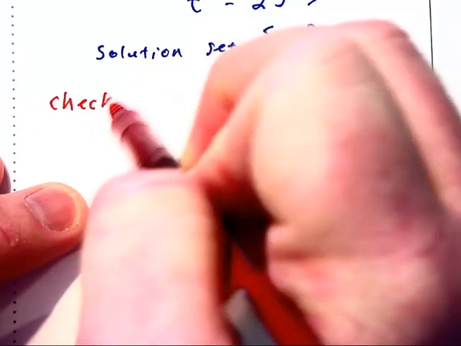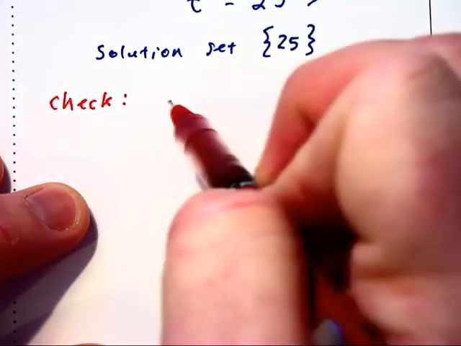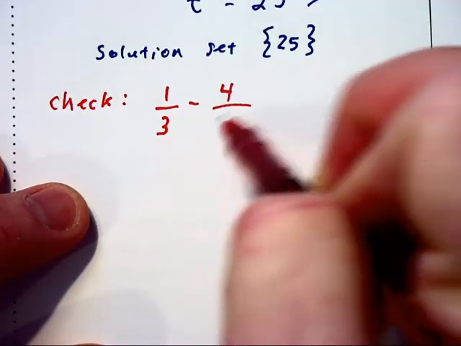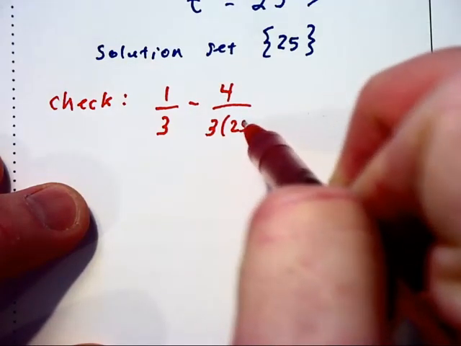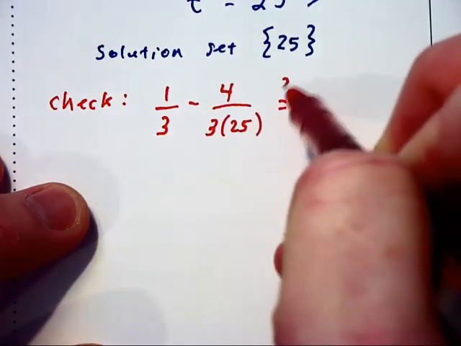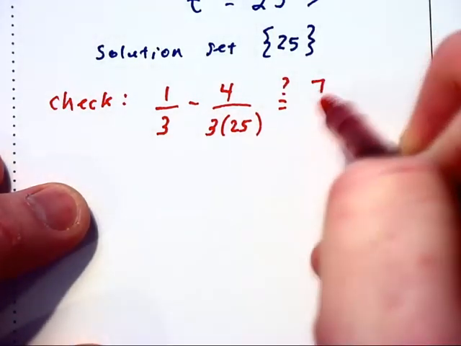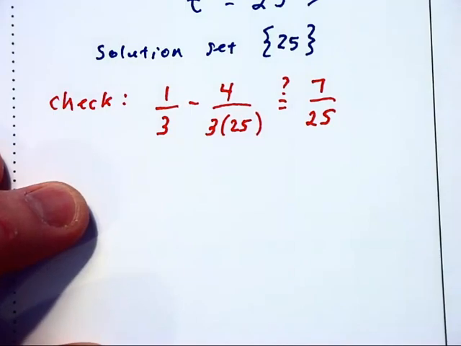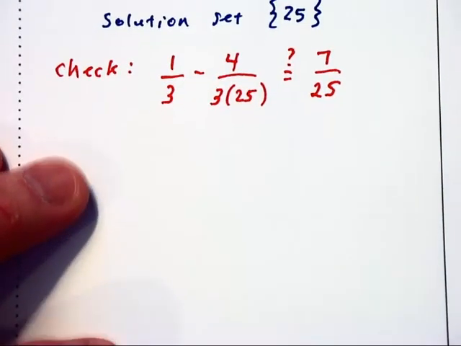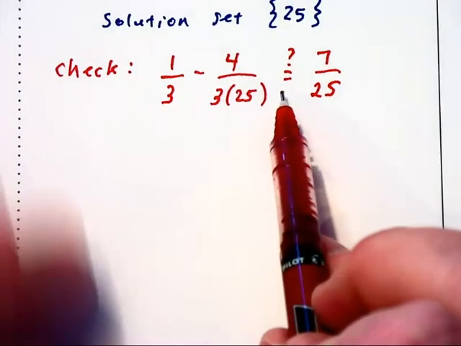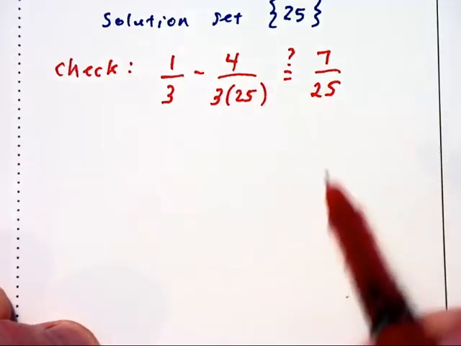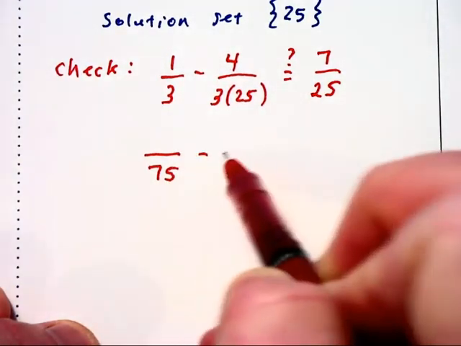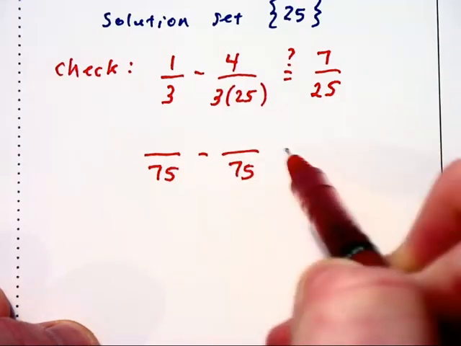When we substitute 25 in, we're checking, is 1 over 3 minus 4 over 3 times 25 equal to, question mark, 7 over 25. Anytime we are checking the validity of an equation, we use a question mark over the equal sign. What I want to do now is get a common denominator of 75 in all 3 fractions.